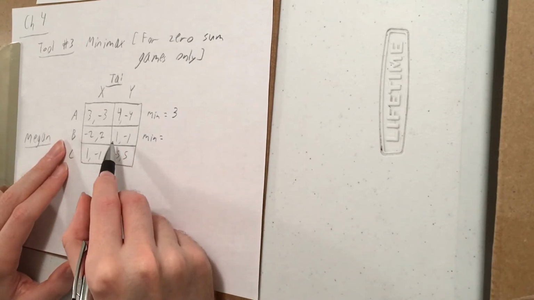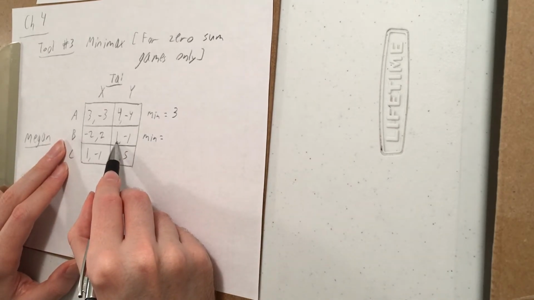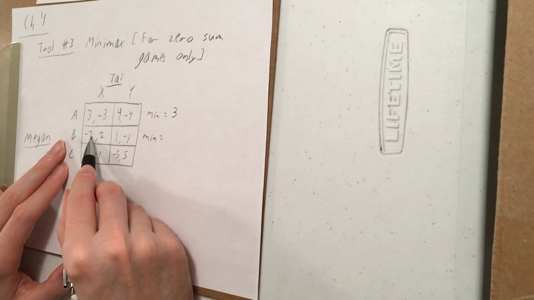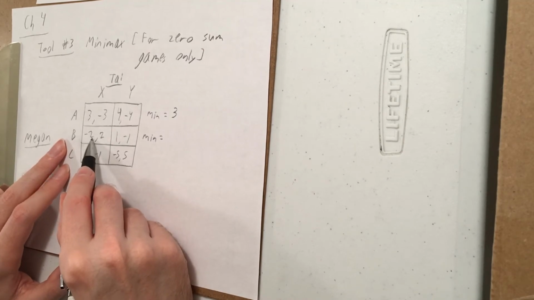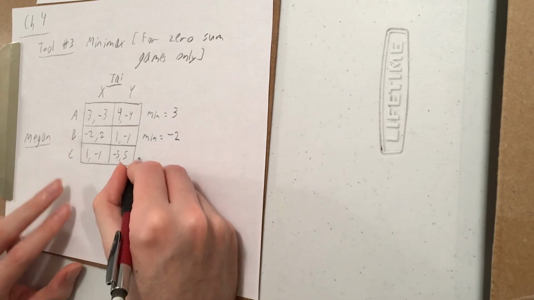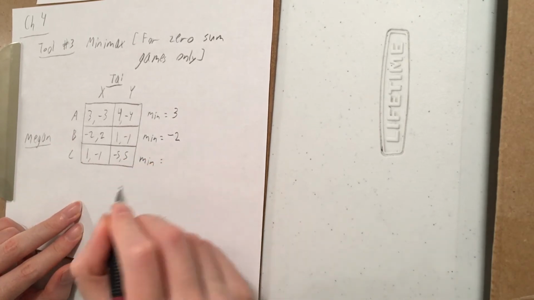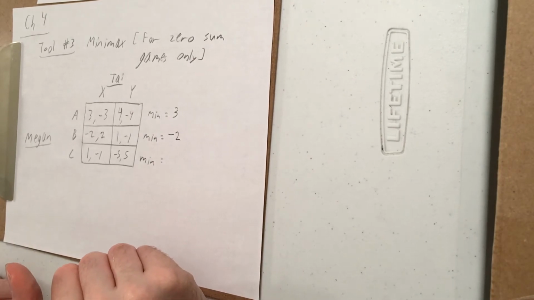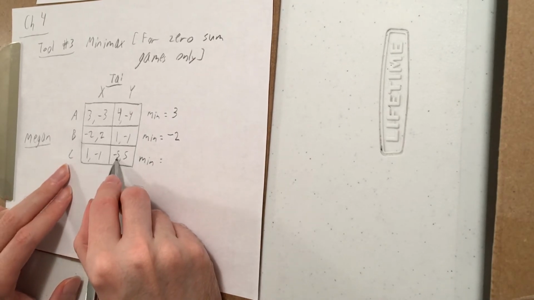Well, if Ty plays Y, she gets 1. If Ty plays X, she gets -2. -2 is worse, so -2 is her worst case scenario. If Megan plays C, her worst case scenario would be -5.